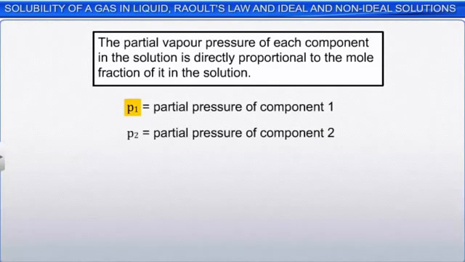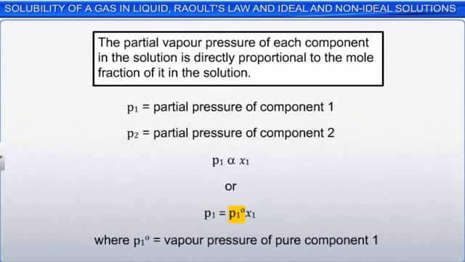Now, if P1 and P2 are the partial pressures exerted by the components 1 and 2 at a certain temperature, then, according to Raoult's law, P1 is proportional to X1, or P1 is equal to P1 naught X1, where P1 naught is the constant of proportionality and represents the vapor pressure of pure component 1 at the same temperature.